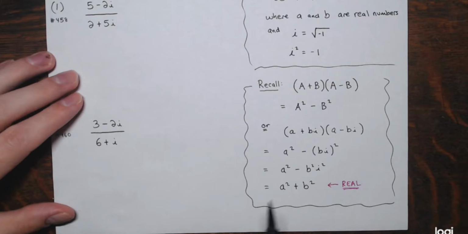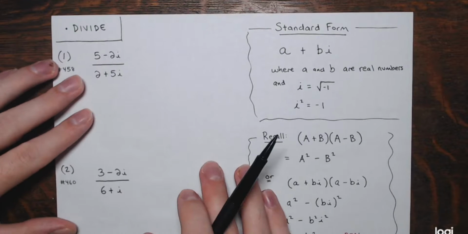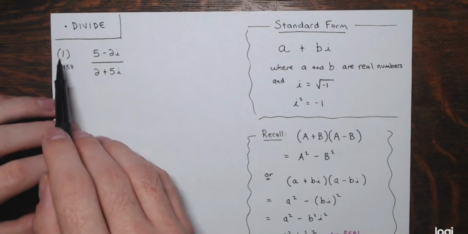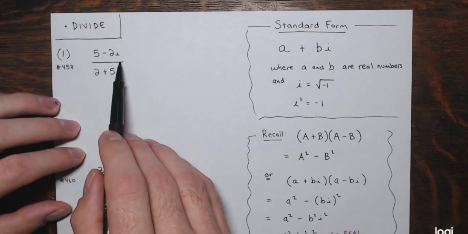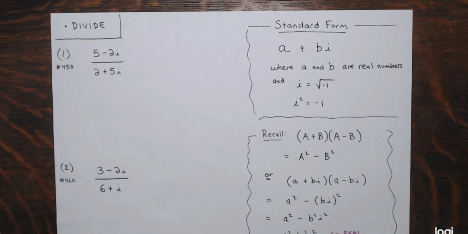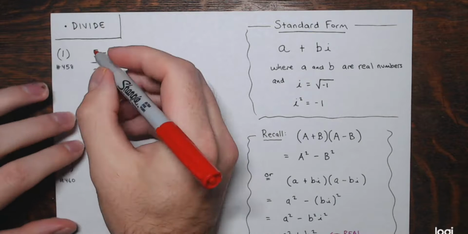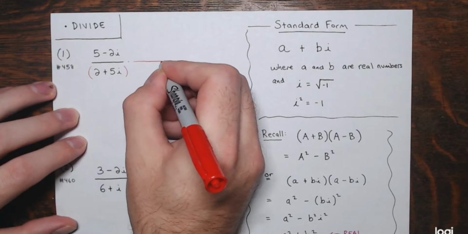So a bunch of stuff to remember from earlier. In number 1, we have 5 minus 2i divided by 2 plus 5i. The key is to multiply the numerator and denominator by the same thing.